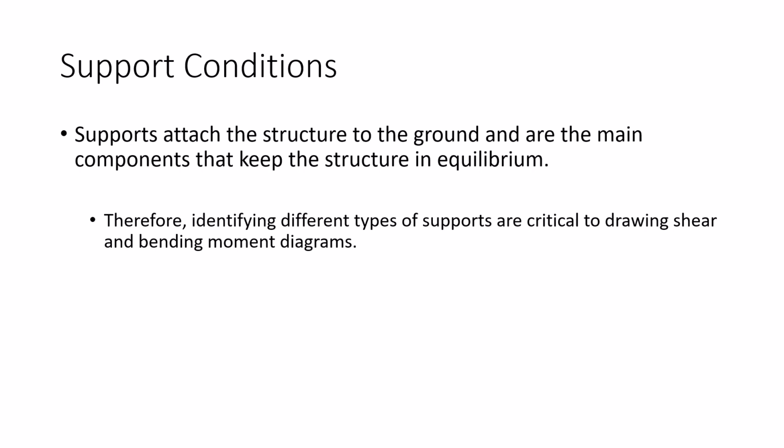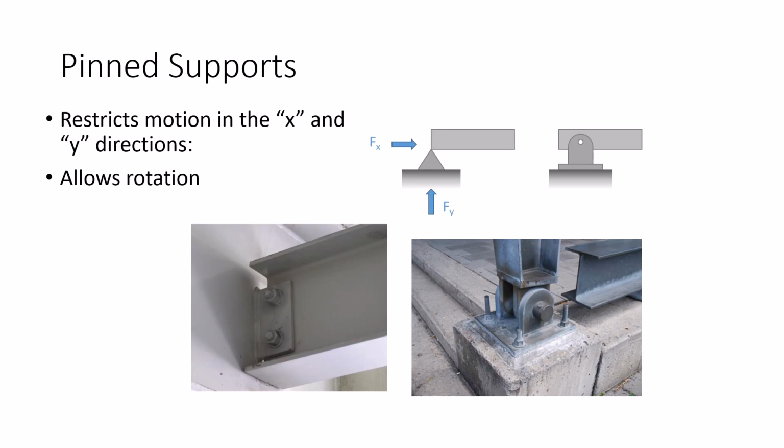In real world practical engineering design, more often than not, we tend to use some pretty straightforward boundary conditions. The most common 3 boundary conditions are, first off, the pin support. The pin support restricts motion in the X and Y direction, but it allows rotation.